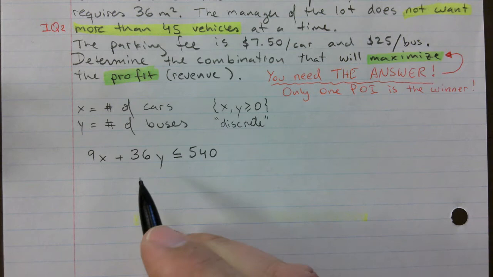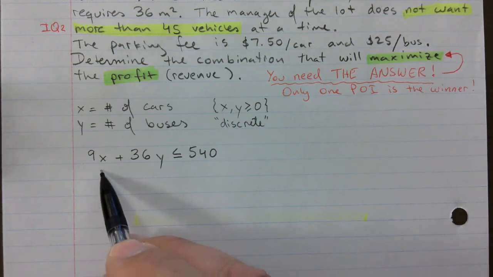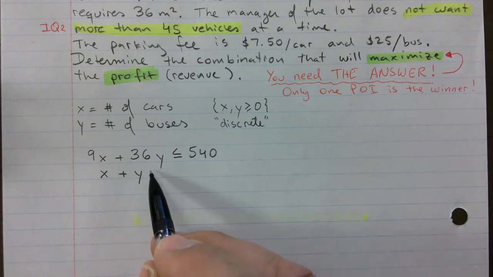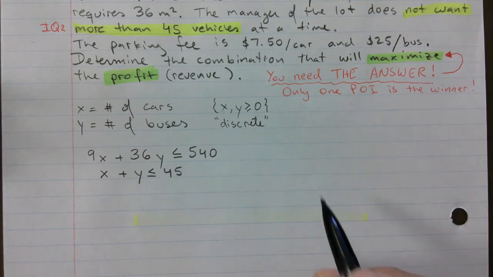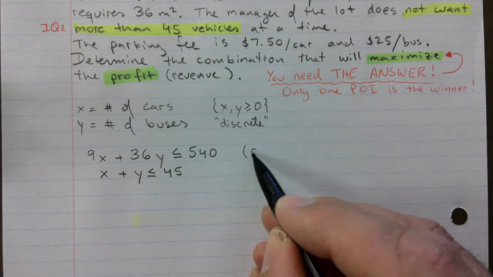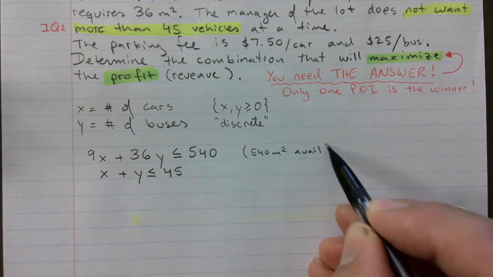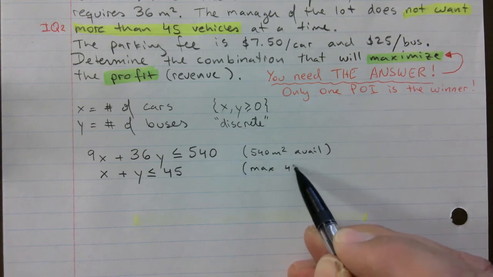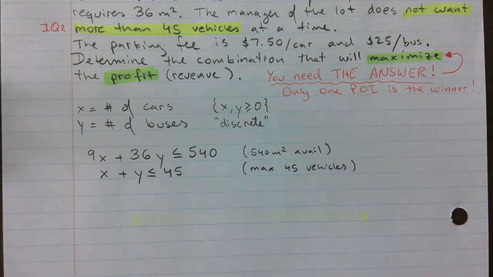And then the next one is saying no more than 45 vehicles at a time, so the number of cars and buses has to be less than or equal to 45. You can put down here 540 square meters available, and then maximum of 45 vehicles. If you go back to your notes, that's where I got that from.